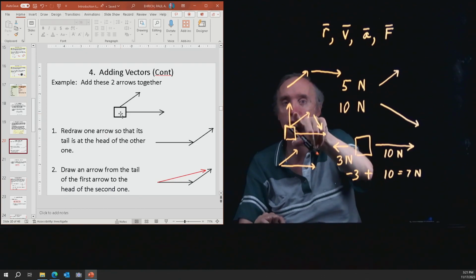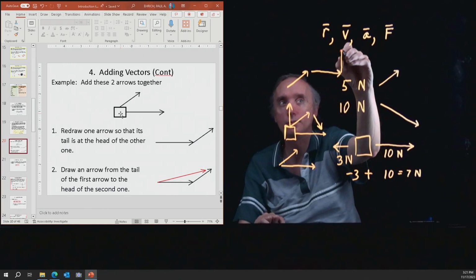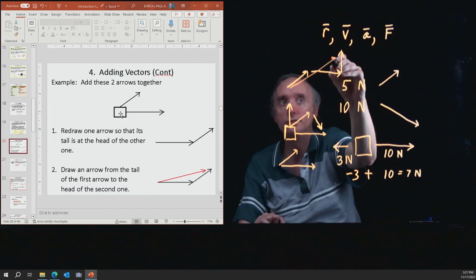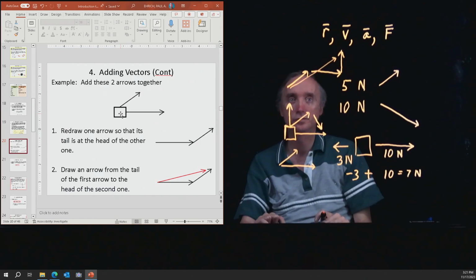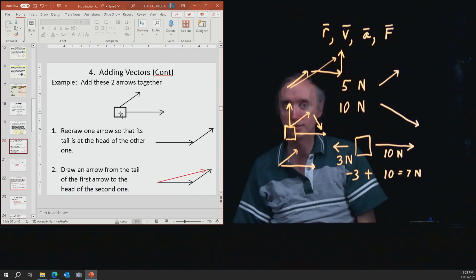Well, okay, so we're going to take this arrow and put it over here so that it goes up like that, and then your final one is going to be that one. Okay, so you can do this with multiple arrows. It's not that difficult. It's just that we're going to stick with just adding 2 arrows together.